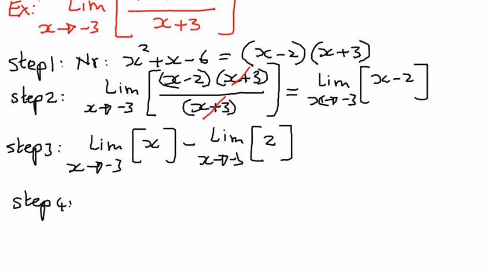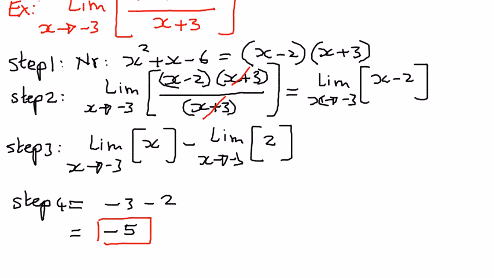Limit of x as x tends to negative 3, we're going to substitute the value of x as negative 3, and then minus the limit of a constant number, which is going to be the constant number itself. So therefore, when we simplify this math here, negative 3 minus 2 is going to be equal to negative 5, and therefore this is where we want to leave it.